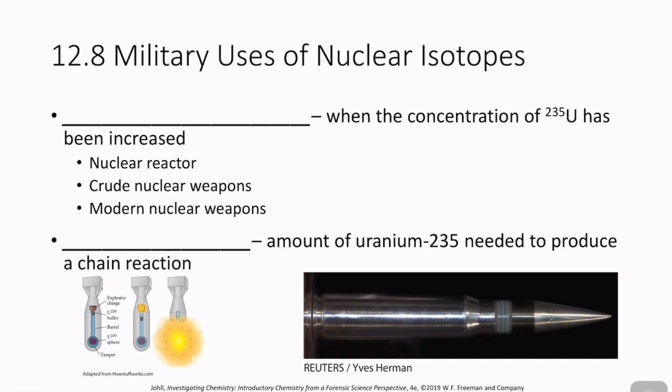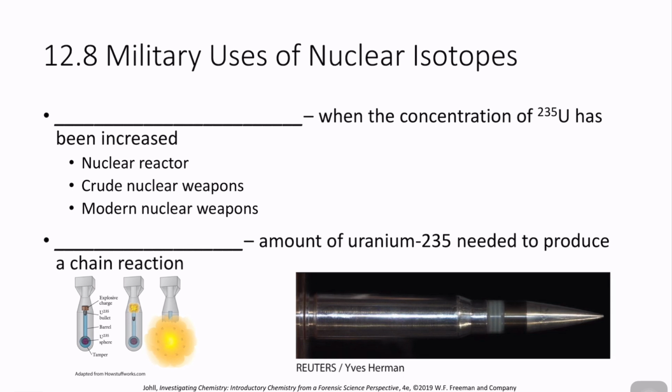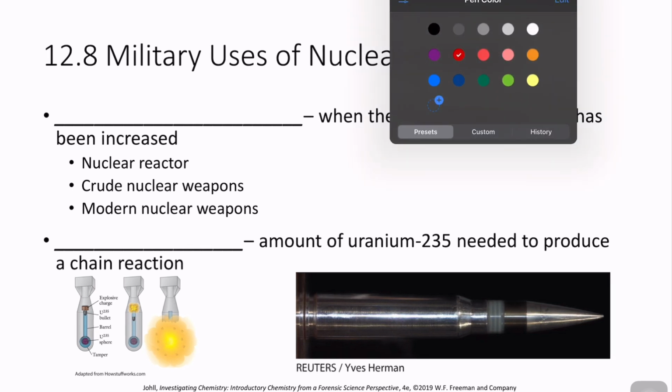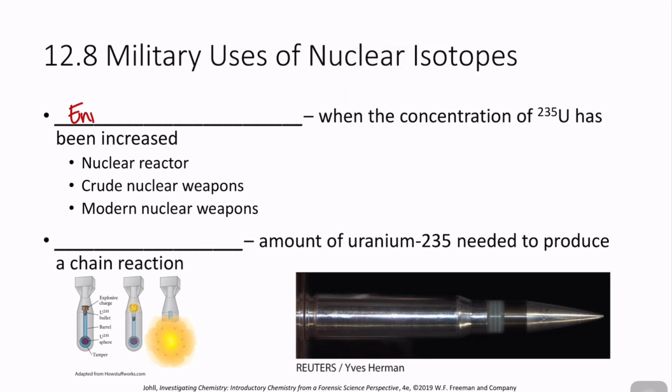The military can also use these nuclear reactions, and there is something that is called enriched uranium. Enriched uranium is when the concentration of uranium 235 has been increased.